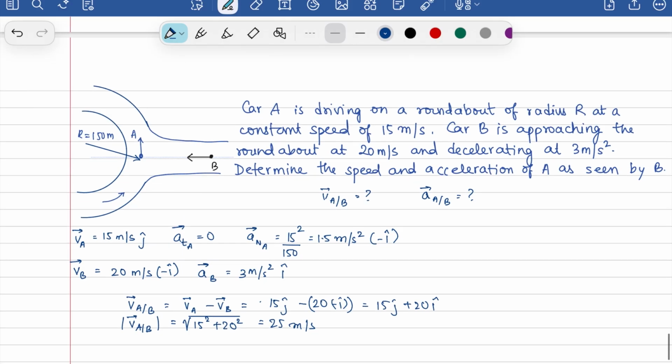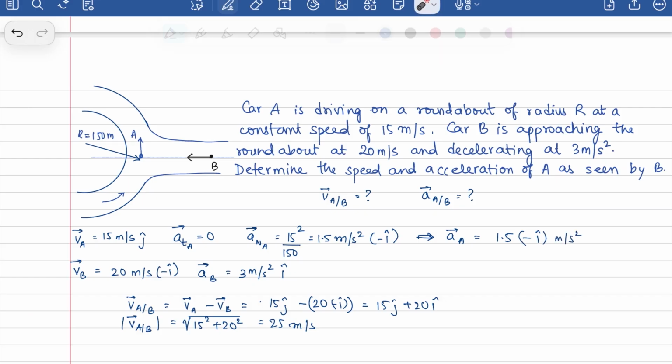Do the same for acceleration. Here, the acceleration of A is just 1.5 minus I hat meters per second square, because this here is 0.